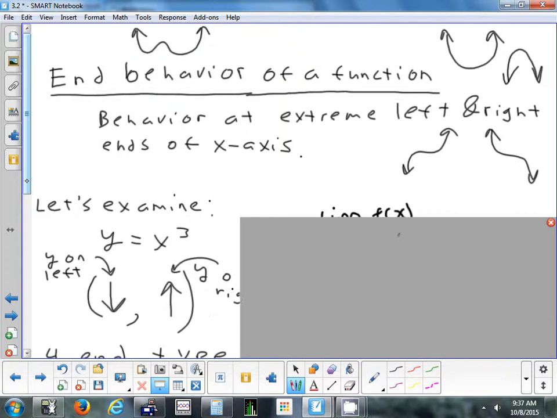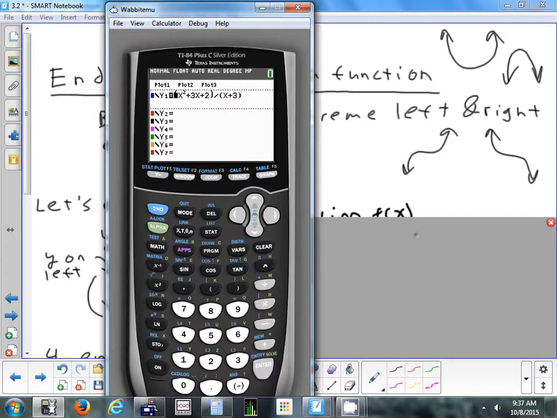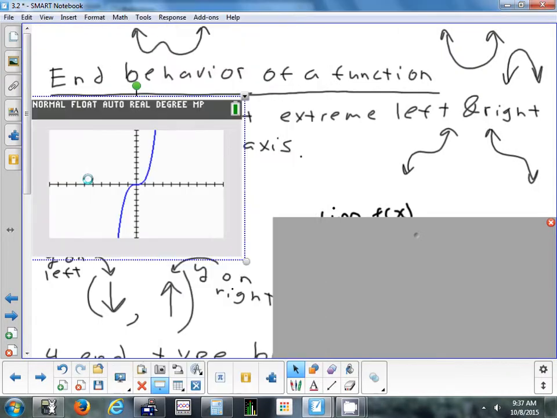All right, so let's take a look at y equals x cubed. There's your graph of y equals x cubed.